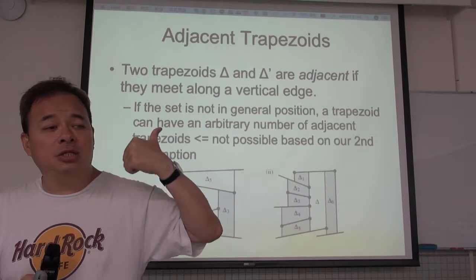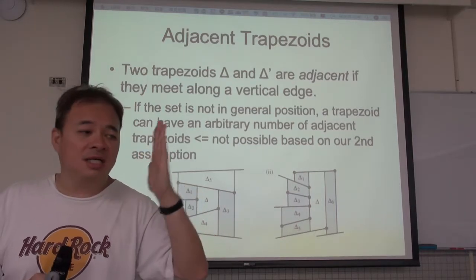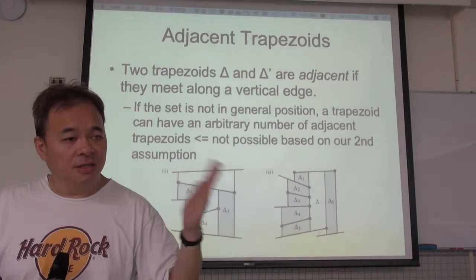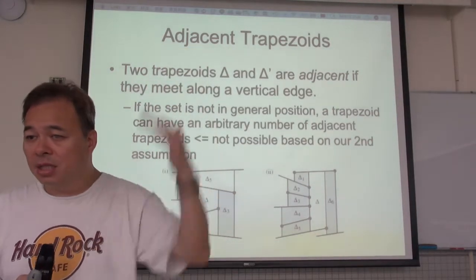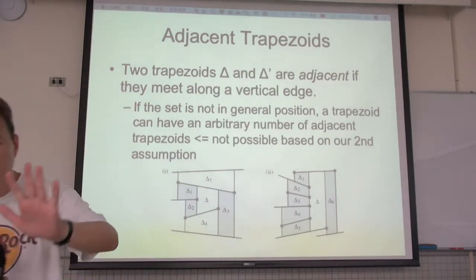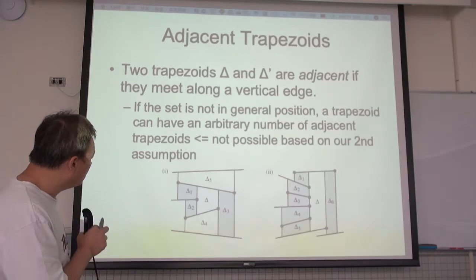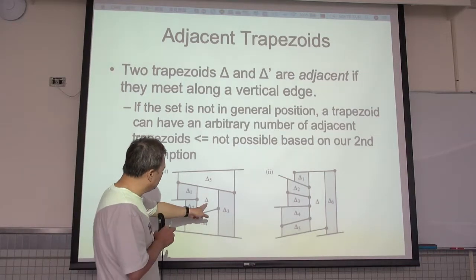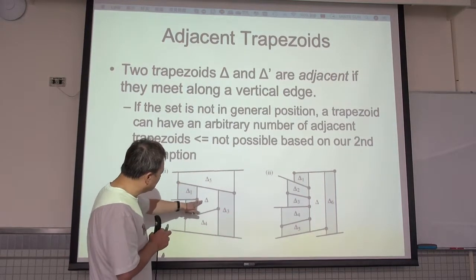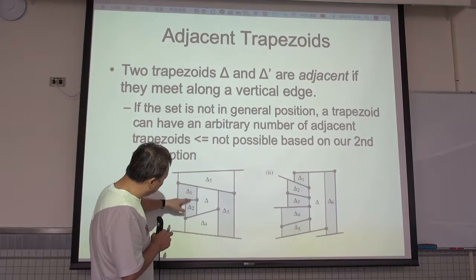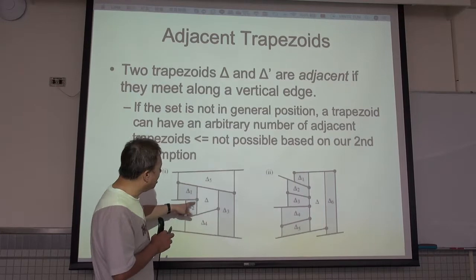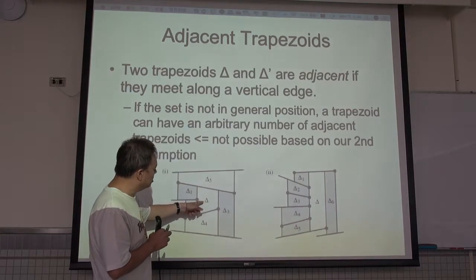This adjacent property only considers the left-right trapezoids, not the top-bottom ones. So just be aware of that. For example, for this trapezoid, its adjacent trapezoids include these two and this one, so 1, 2, and 3.